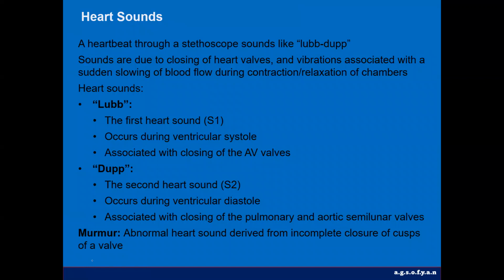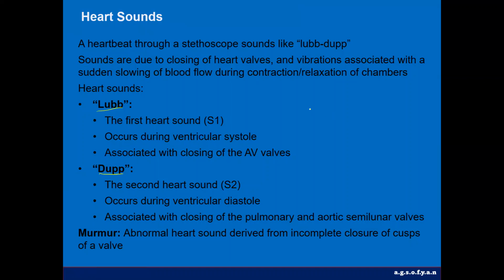Okay, now we're going to learn a little bit about the heart sound. Usually, if you listen to the heart beating, you will hear the lub-dub sound. Lub-dub, lub-dub. Where is the lub and dub sound coming from?